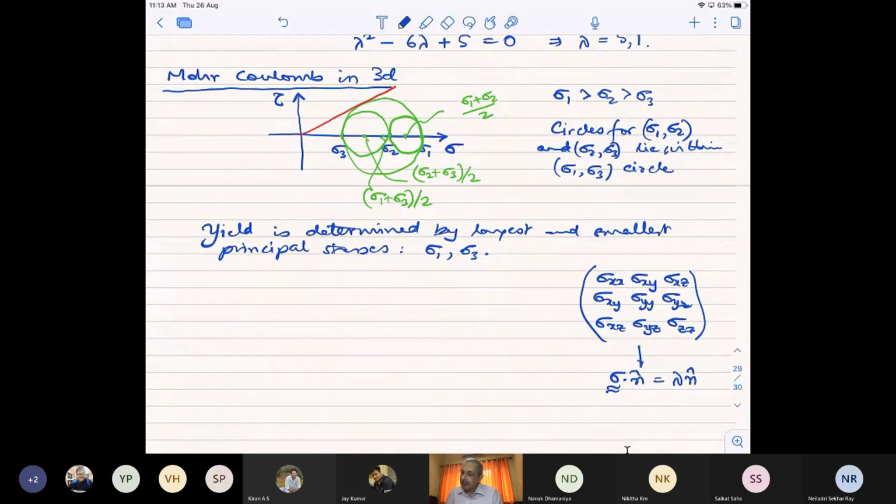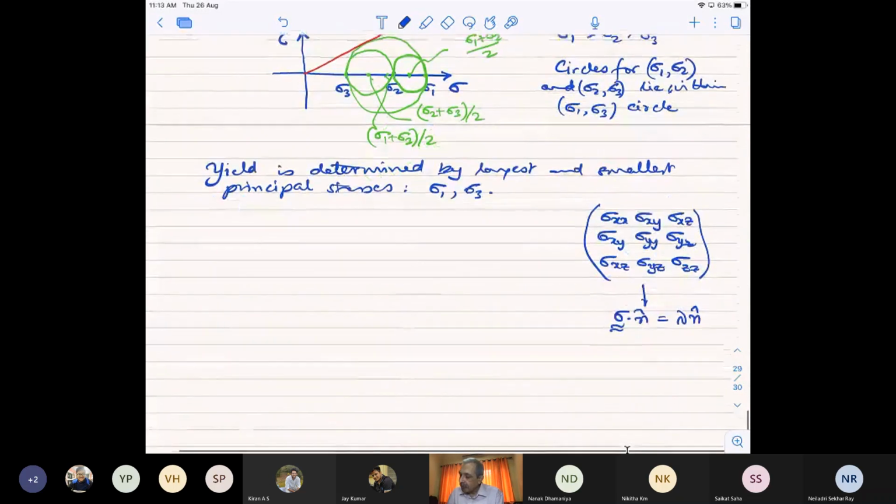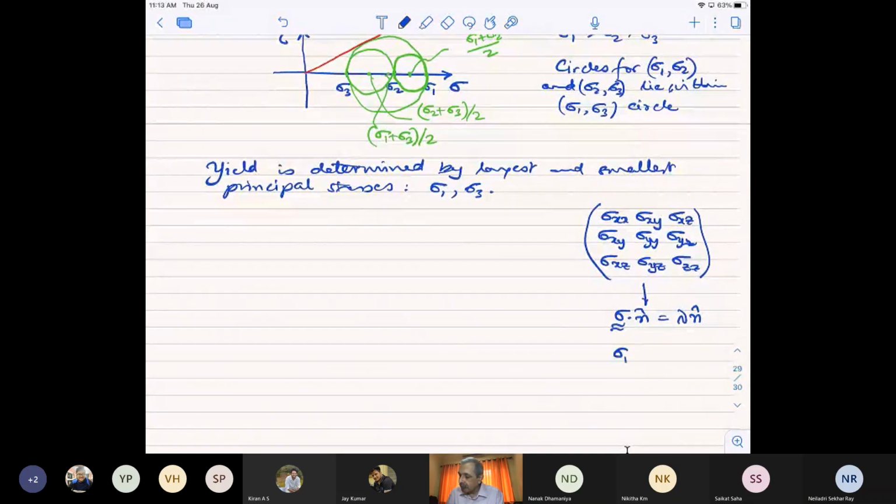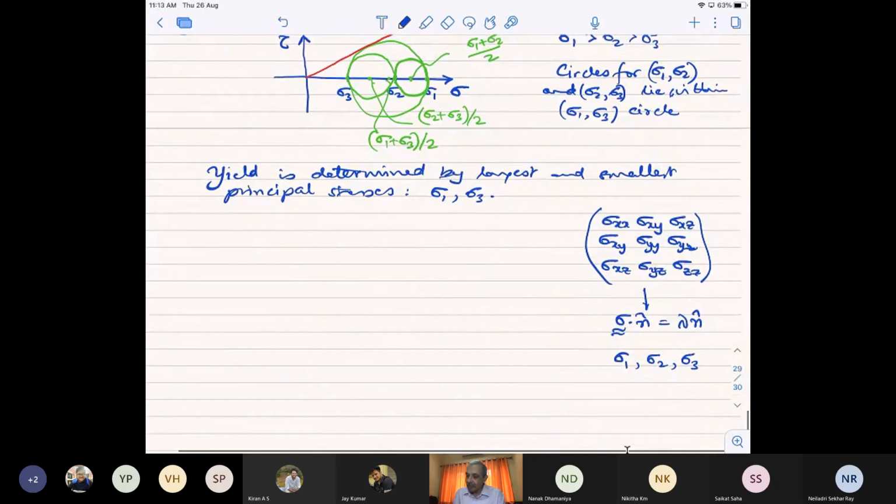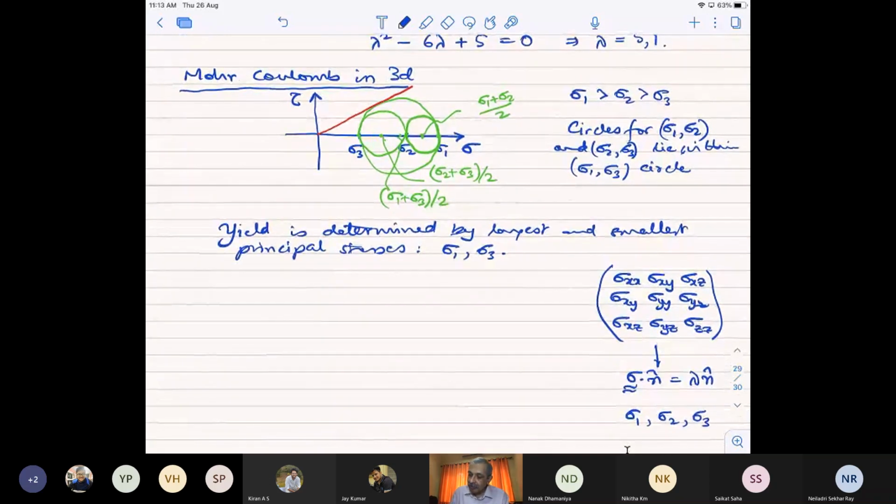So now I've defined some surfaces on which the stress is purely a normal stress, and you get a diagonal matrix. Then I will get 3 eigenvalues for this: sigma 1, sigma 2, and sigma 3. For each pair of those eigenvalues, I can get a circle.